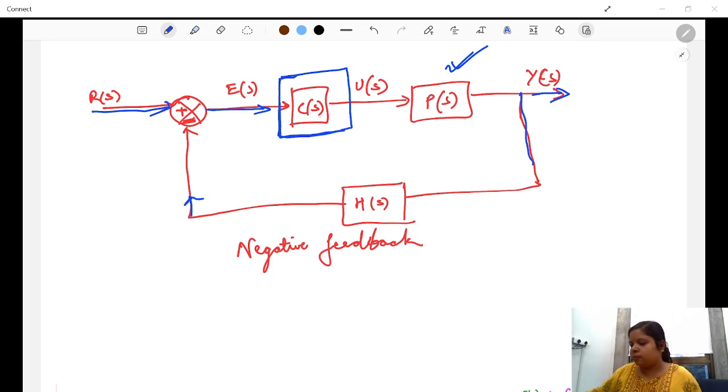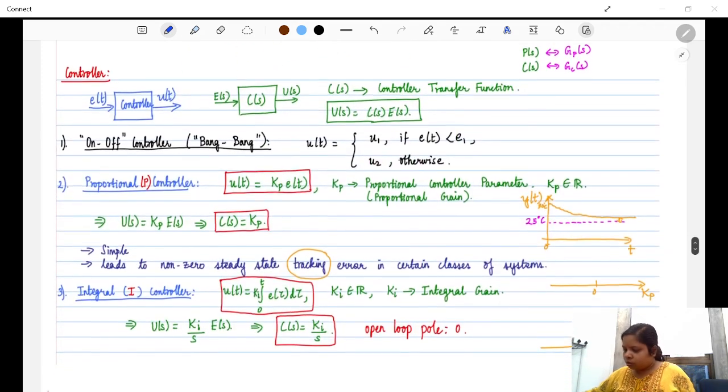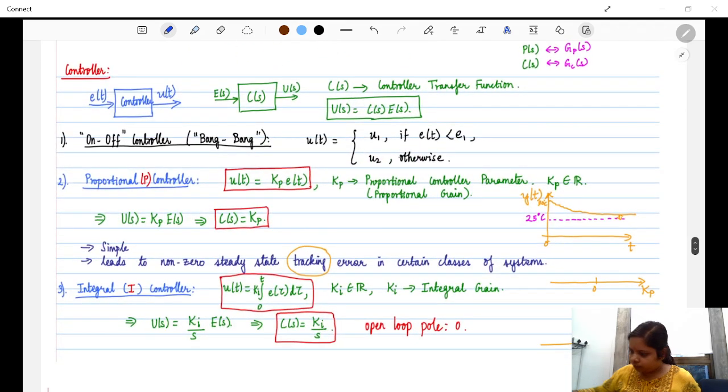This is just the feedback from the output. This error is processed by this controller. Now we want to know what should be this controller, so that it gives me some control input that goes into the plant and gives me the desired output after the feedback. So this controller is the thing that we are going to see now. There are many types of controller.